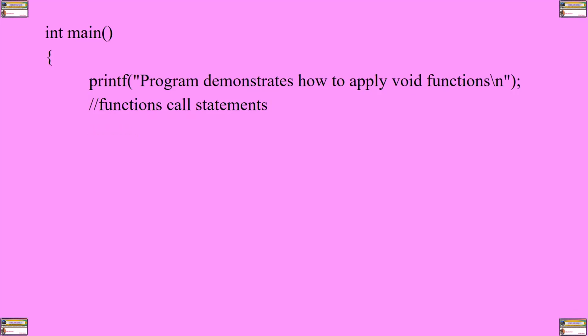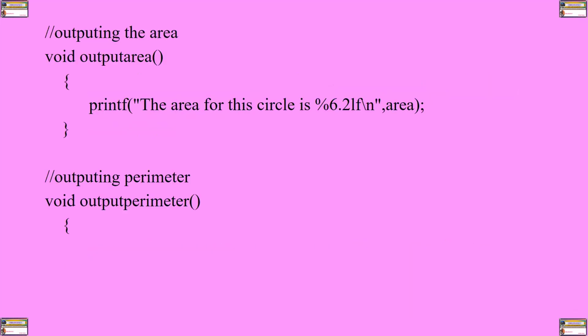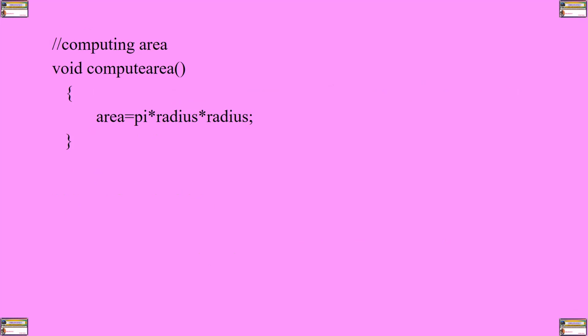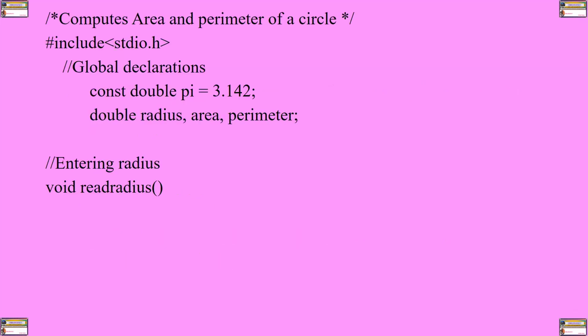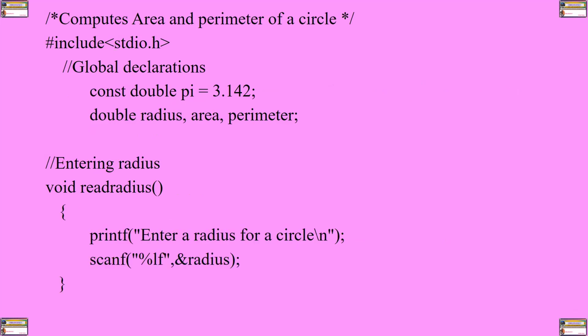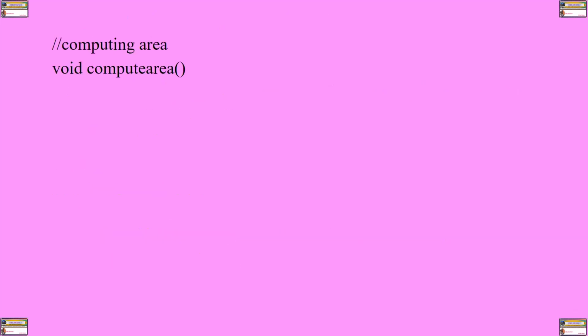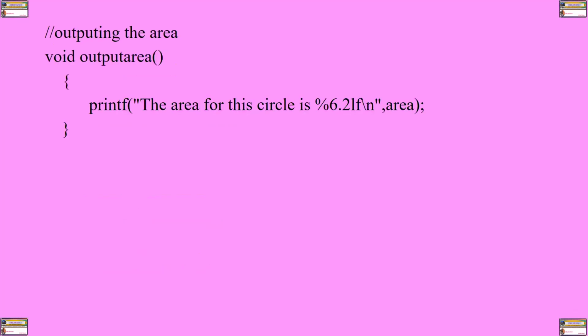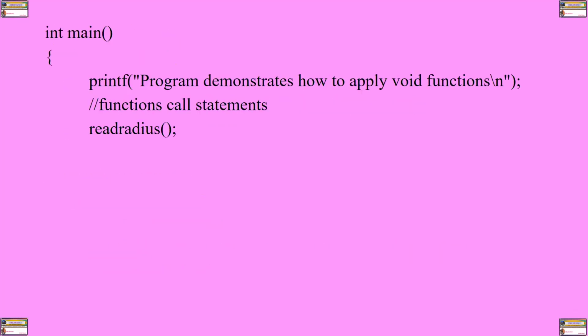Then we have core statements, very important here. The first function being invoked is read radius. Once the processor encounters this core statement, it will go and look for the function called read radius. The control will be taken to this function, it will perform this activity, and once this brace is encountered, the control will be taken back to the main function and move on to the next line.